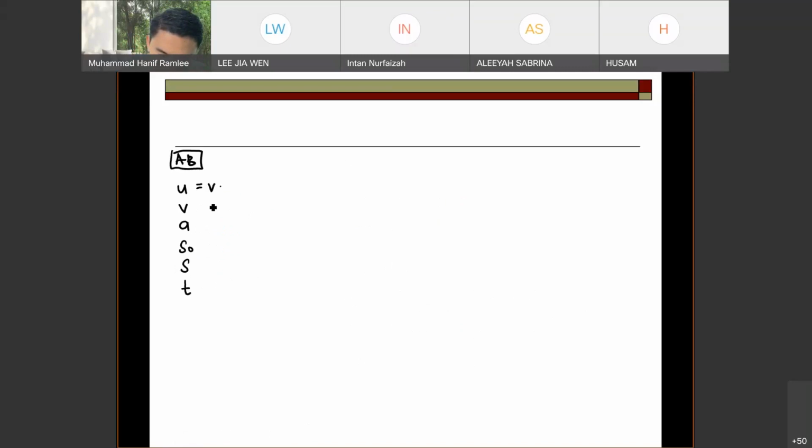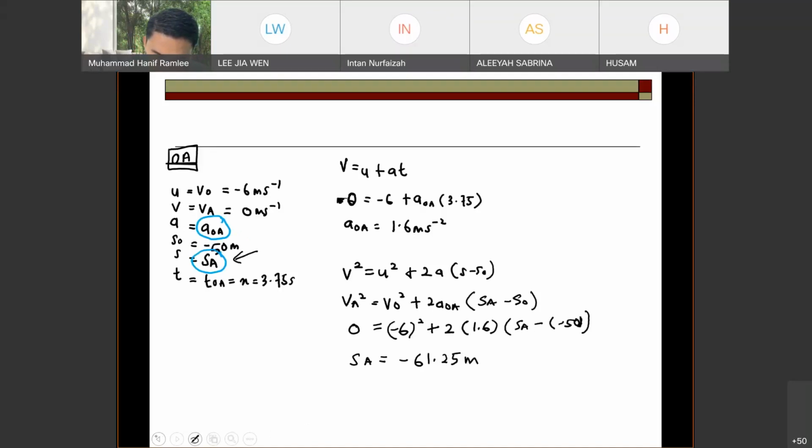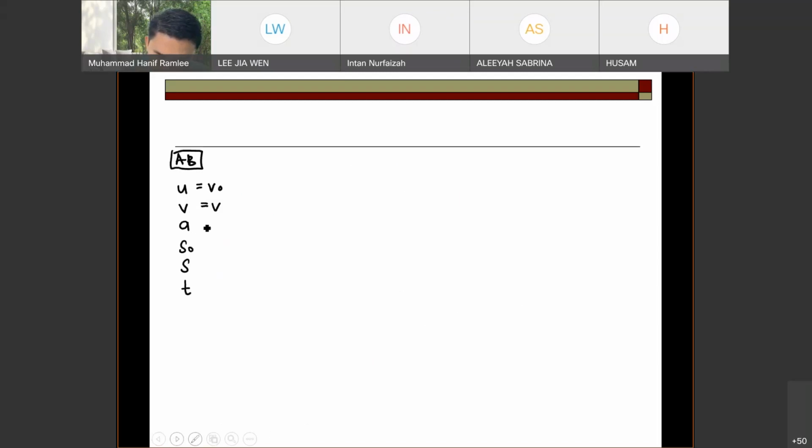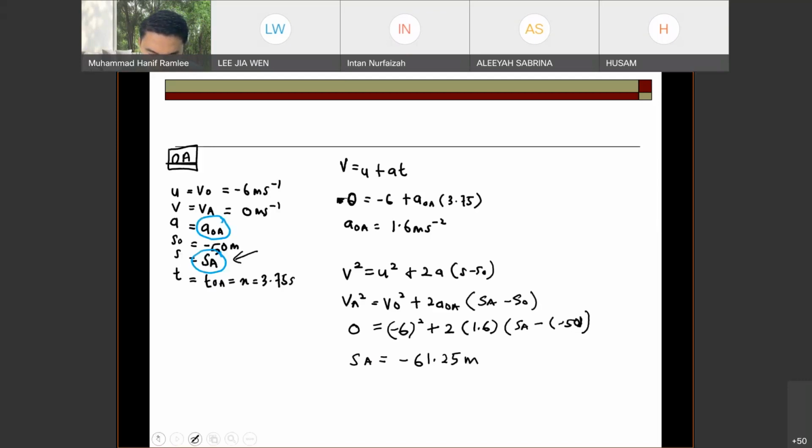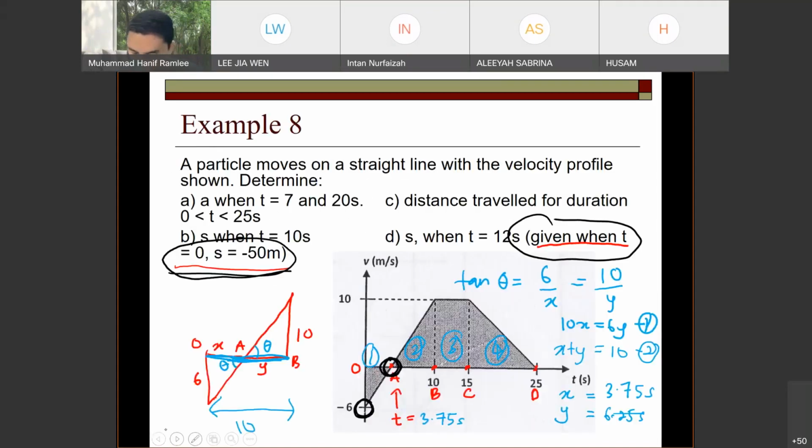This V should be VB, S naught, SB, S naught, and T, of course. So we have initial velocity from A, which is actually 0. The final velocity is 10.